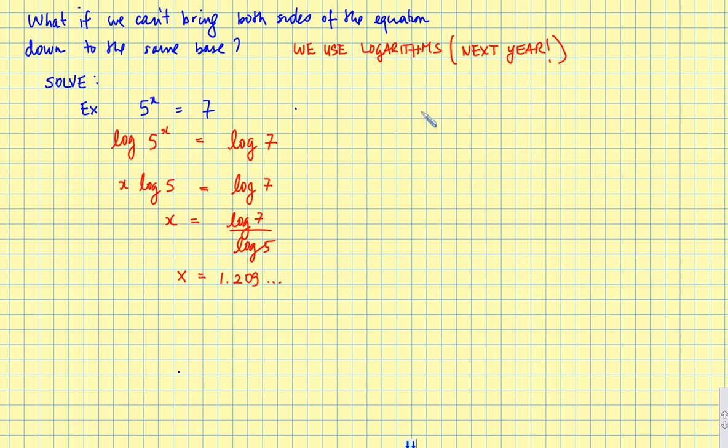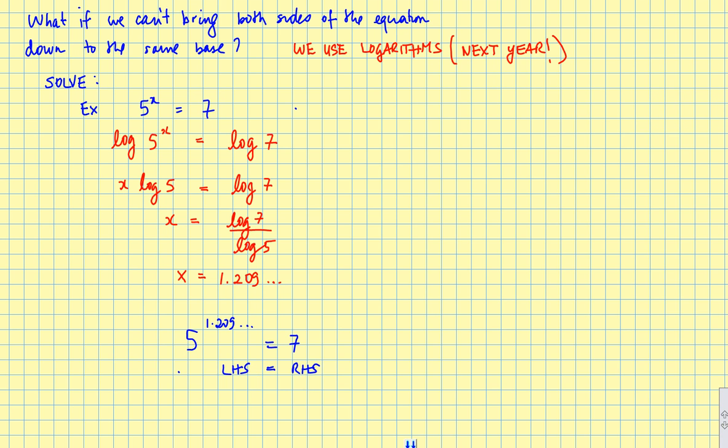Now, if I took the value of x and replaced it back into the original equation, then I would have 5 raised to the power of 1.209 and so on is equal to 7, and my left-hand side should equal my right-hand side.